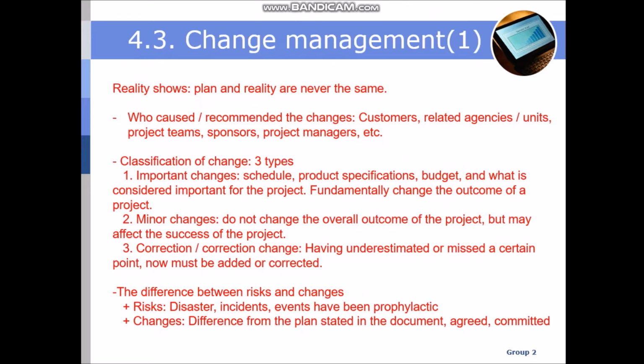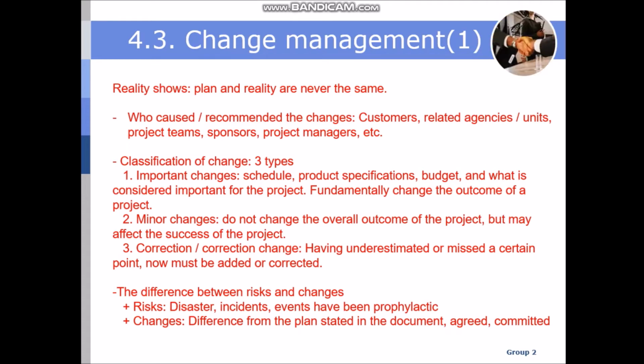Let's go to change management. Reality shows plan and reality are never the same. Who causes or recommends the change? Customers, related agencies, units, project teams, sponsors, project management, and so on. Classification of change. We have 3 types.